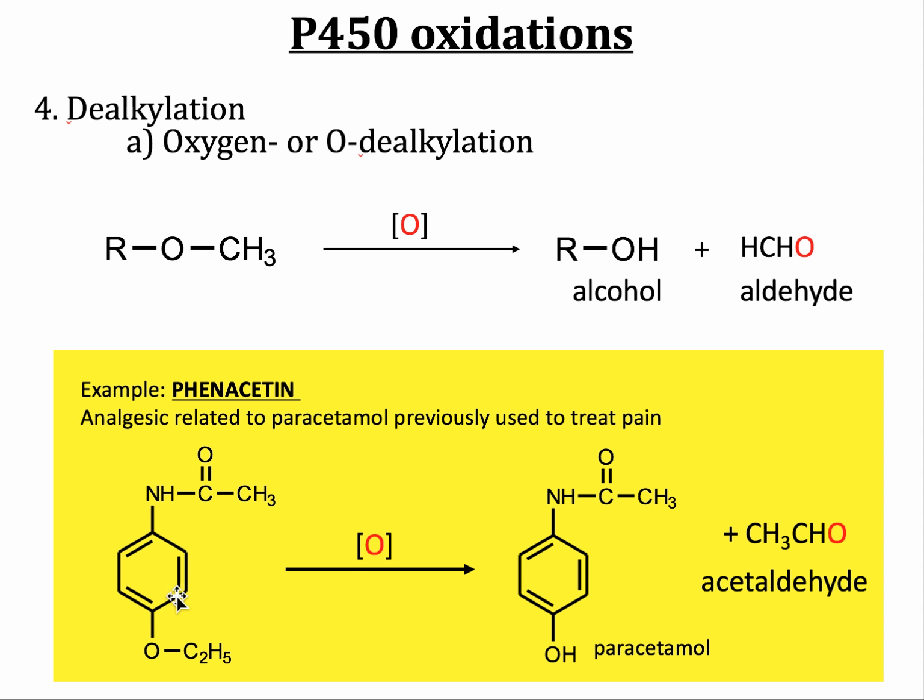This whole part here is the R bit, and then the C2H5 is the alcohol bit. You look for that, and then you break it there. Then you get your phenol, or your OH. So there's the paracetamol, and then you've got the acetaldehyde, CH3CHO.